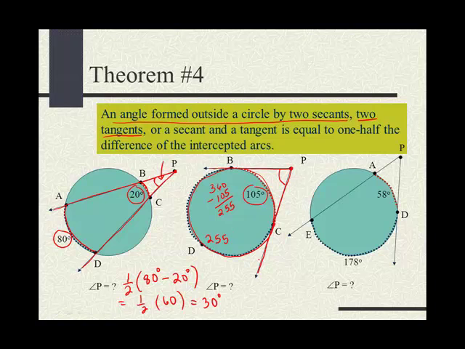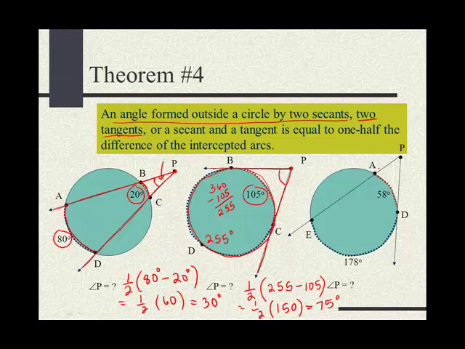So if we want to get the measure of angle P, we just need to take half the difference of those two arcs. So of course start with the larger arc, which is 255, subtract 105 from it. 255 minus 105 is 150, and half of 150 is 75. So the measure of angle P would be 75 degrees.